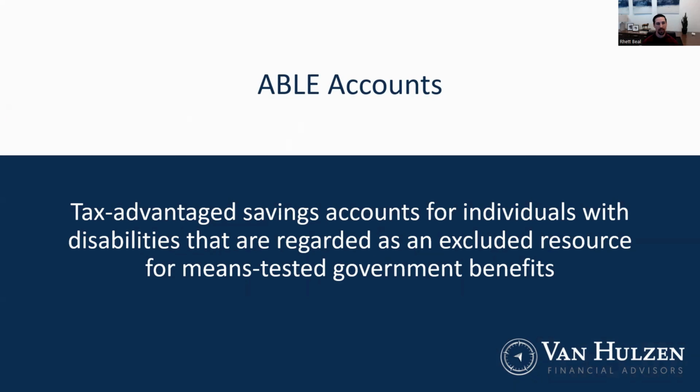What are means-tested government benefits? They're programs like SSI, Medicaid, food assistance programs, Section 8 housing, and other state and federal programs that look at one's resources, right? SSDI or Social Security Disability Insurance is not one of those programs, but SSI, Medicaid, food assistance programs are.